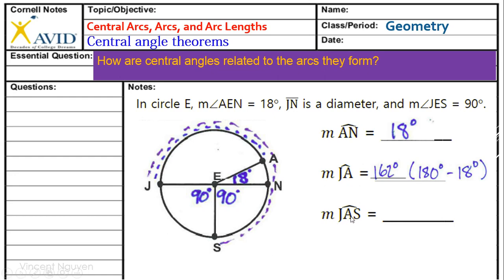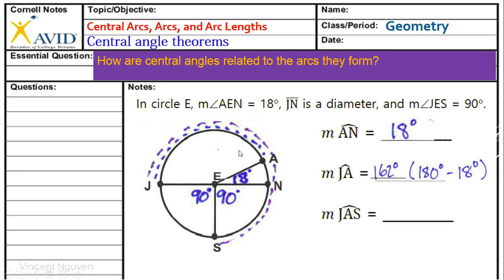And then arc JAS, that's the major arc. So I go J and then A and then S. That's why naming them is so important. If I just say JS only, people would assume I just go JS this way, and I don't go this way for a major arc. That's why naming them with three letters is critical, or crucial.